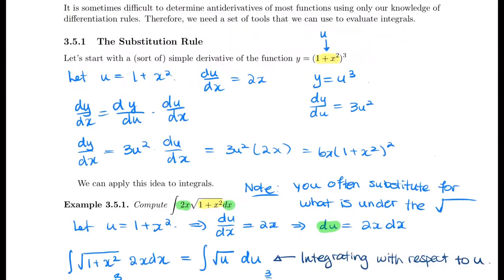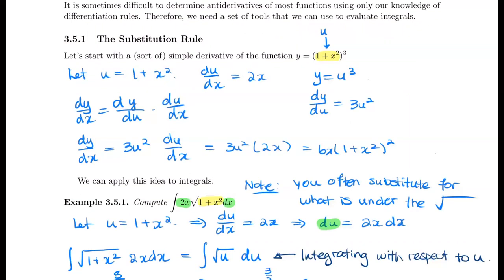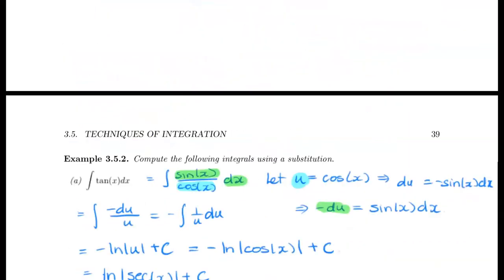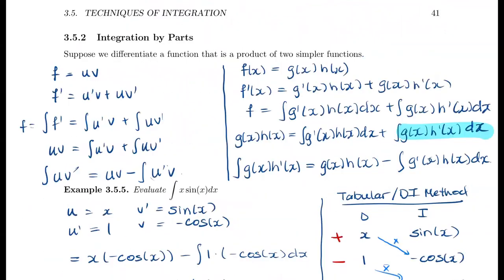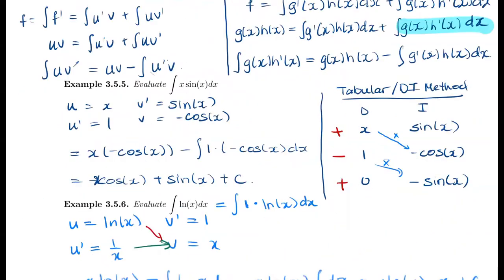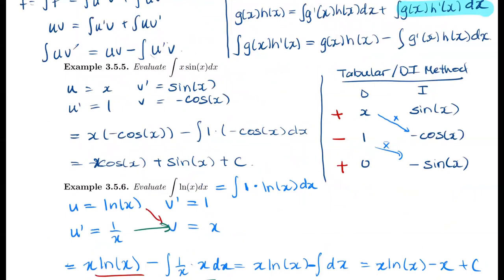The first one we had a look at was the substitution rule. And then the second one was integration by parts. And we used both the tabular and the DI method and the regular way to find the integral of a function.